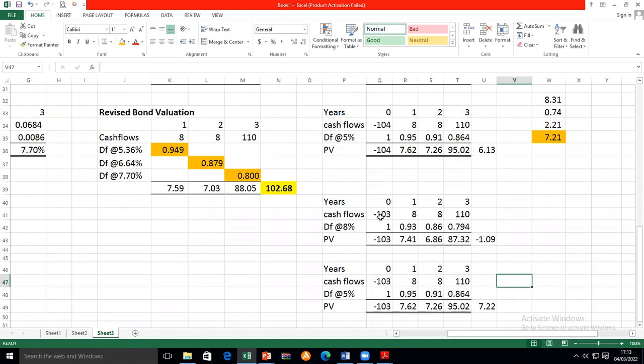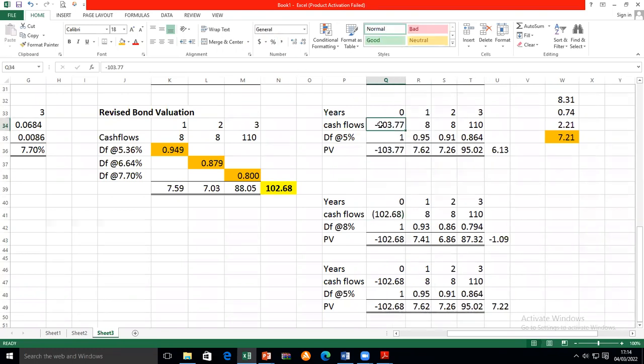The only thing is that the value of the bond has changed. That's the only change that we have. Okay. So everything else remains the same.